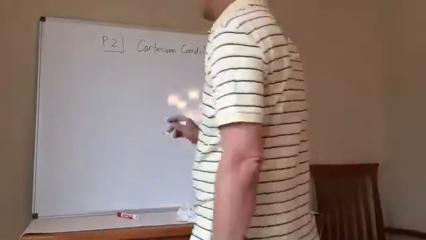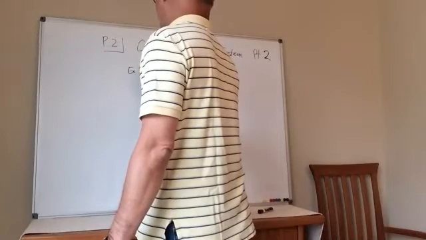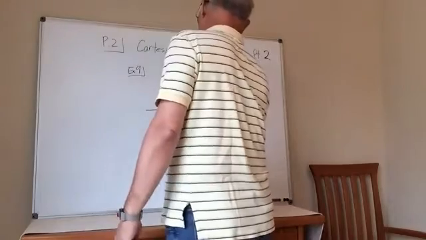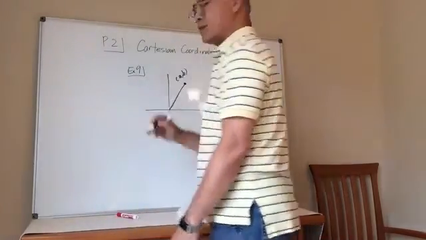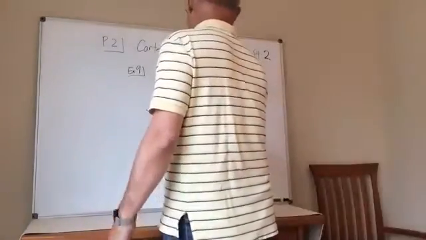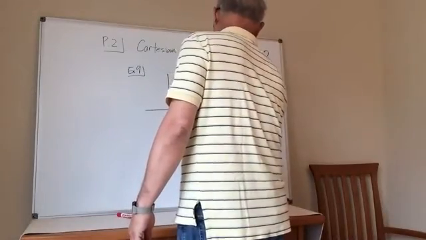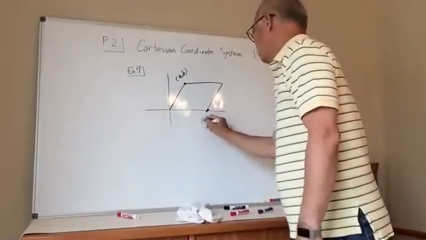Okay, so they're giving you this is A and AB. Okay, AB. And this point is C, C0.